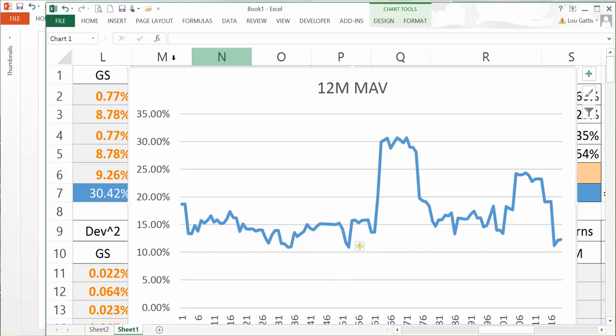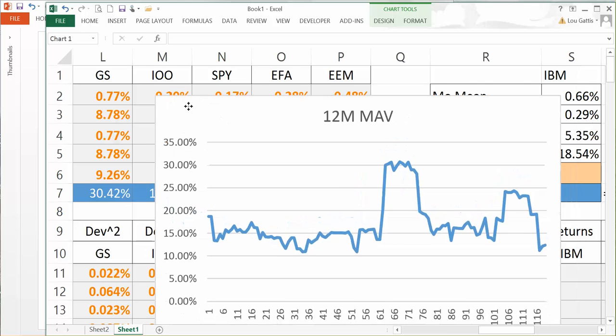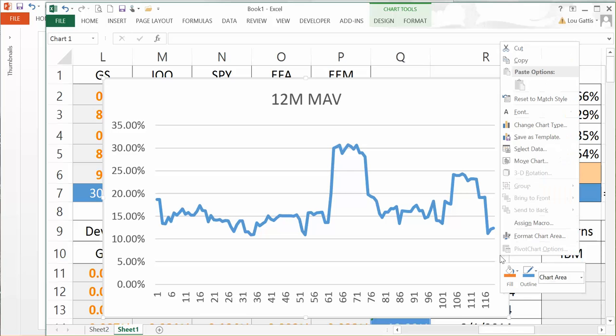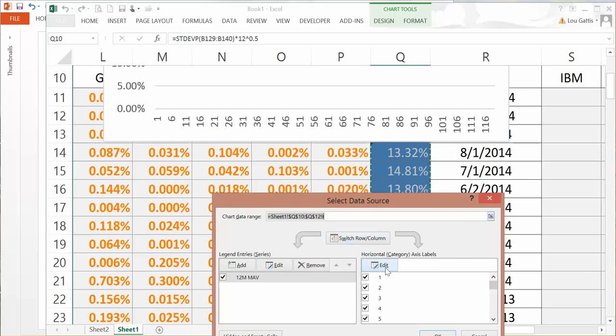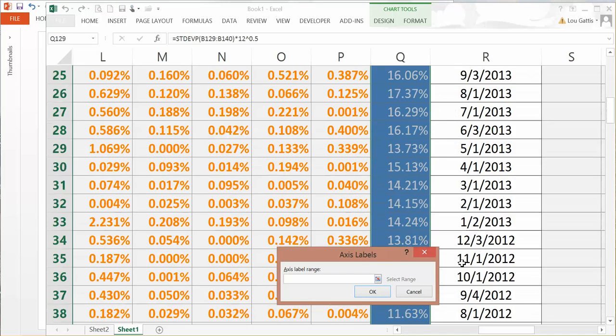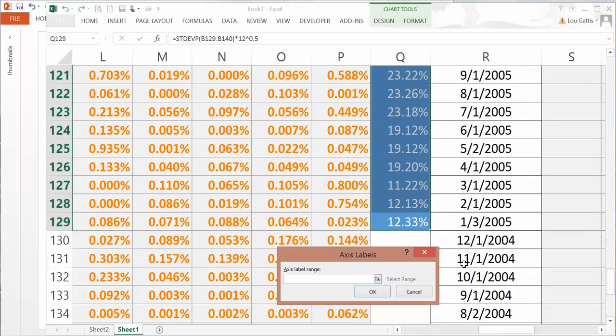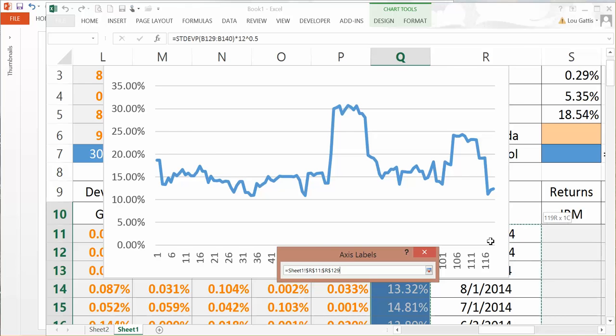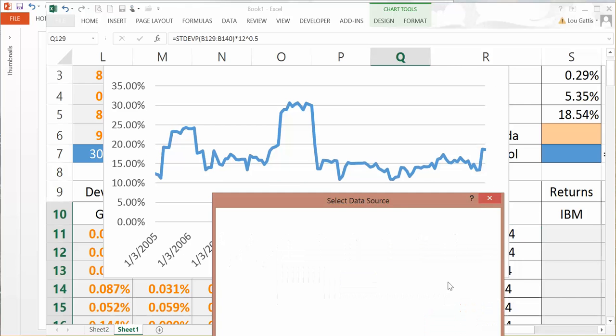And then I'm just going to make this a little smaller, and let me add my x-axis. I'm going to right-click, select data, and put in the horizontal axis. I'm just going to grab the dates right next to them, and that'll put them in chronological order for me, which makes it look a little nicer.